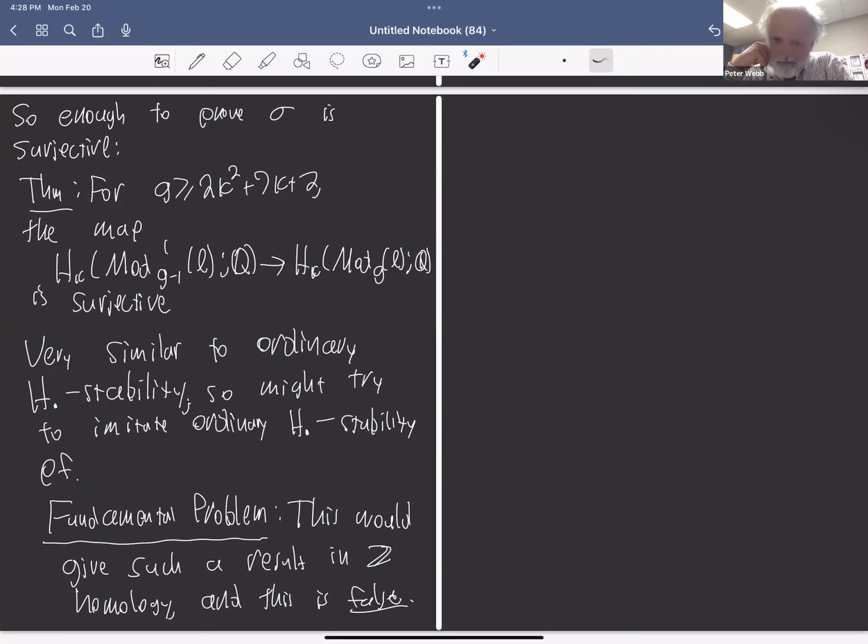I don't know if that's what you had in mind, but if it is, first of all, is there a category analogous to FI? Maybe it is FI, on which this sequence of groups could be regarded as a functor. And my second question is, you comment that you would get a result over Z, but if you took a functor to vector spaces over Q, for instance, you would not get a result over Z, you would get a result over Q. So there's two questions there. Have you got a category in mind on which these things form a functor?